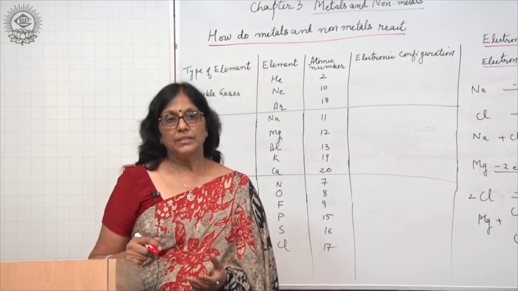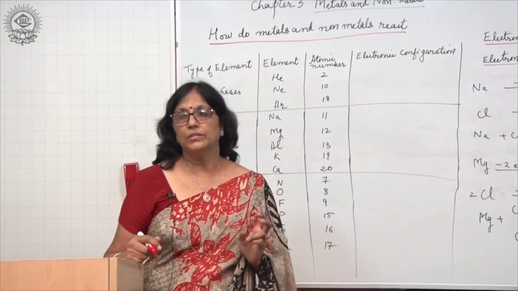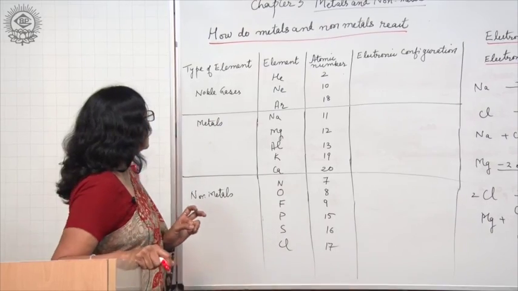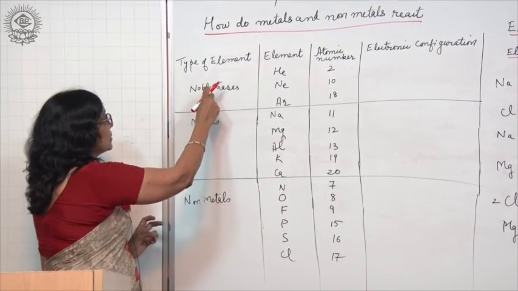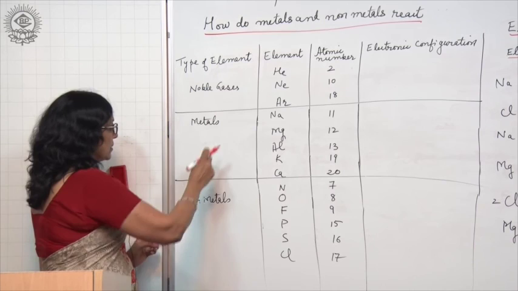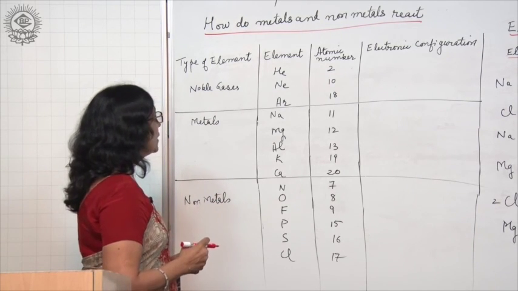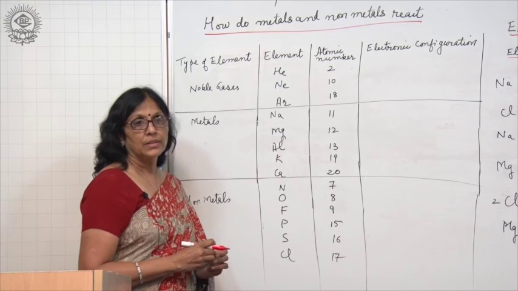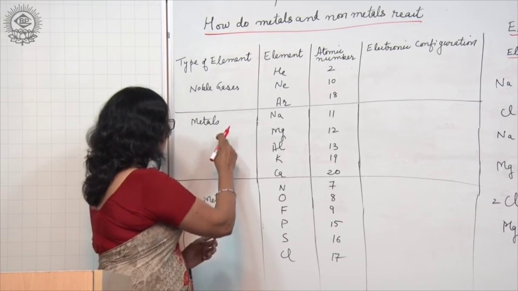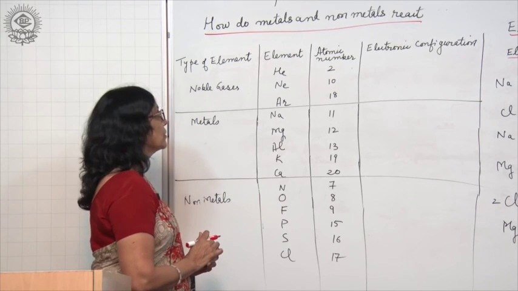To understand this, let us study first of all the table given here. We should know about noble gases, metals and non-metals, their electronic configuration, which will tell us the reason behind metals and non-metals reacting.